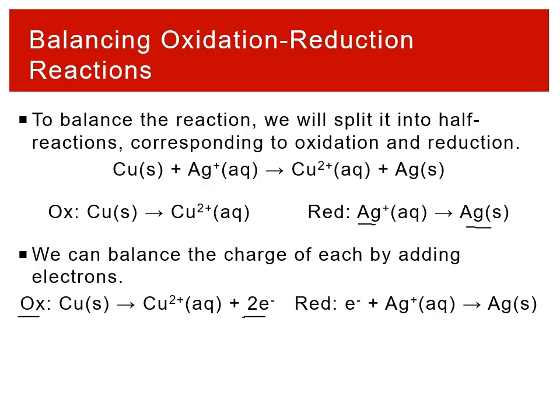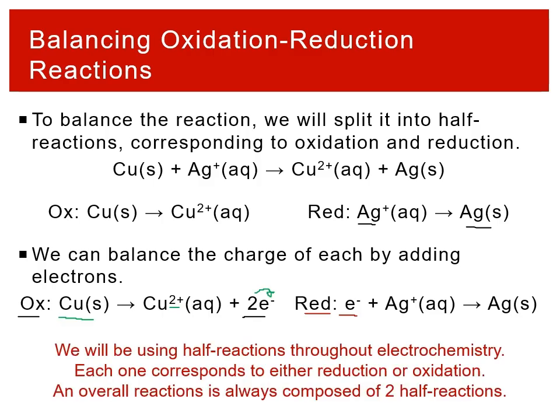We can think about reduction where the electron is on the reactant side to balance, right? And basically how we balance, we can see this is neutral. If I have +2, I need to have -2 on that side as well. And so this idea of taking an overall redox and splitting it into the two halves is going to be fundamental to how we move through electrochemistry. It's going to be coming up again and again throughout this chapter.